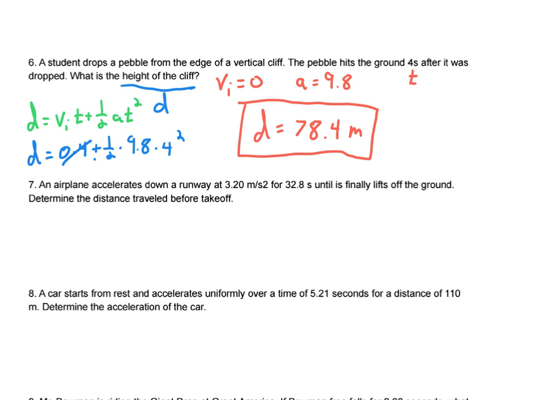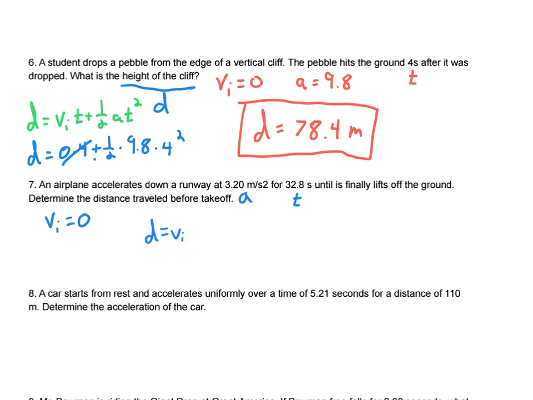Next up, an airplane accelerates down a runway at 3.2 meters per second squared for 32.8 seconds until it finally lifts off the ground. So let's see, we've got acceleration, we have time. We can assume the initial velocity is 0 again. Determine the distance traveled before takeoff. So it looks like we have a pretty similar setup as last time.